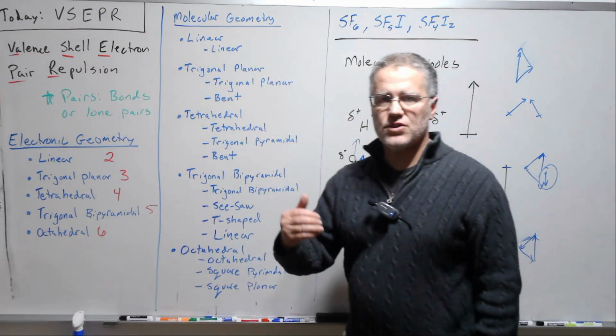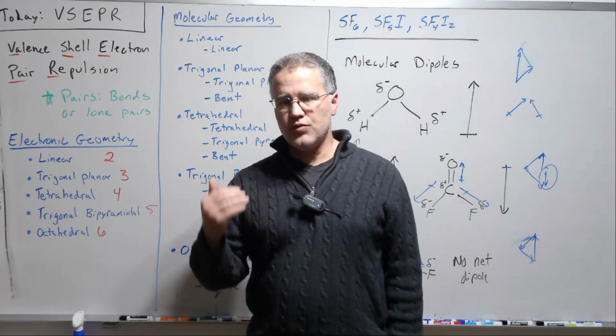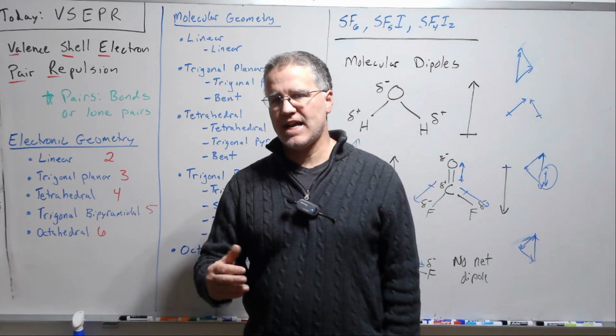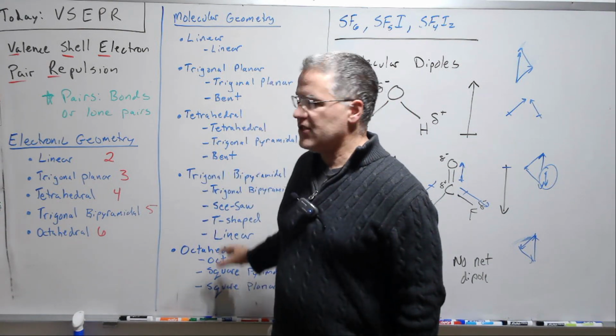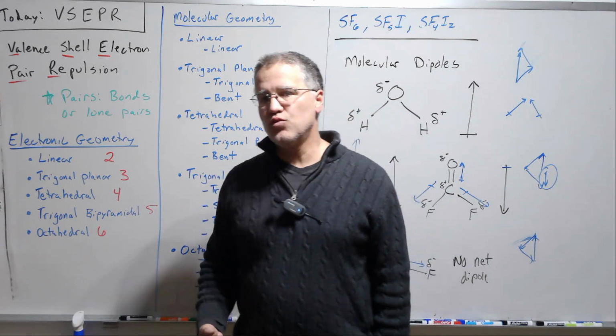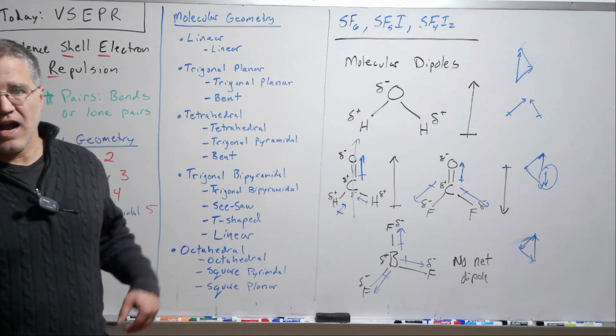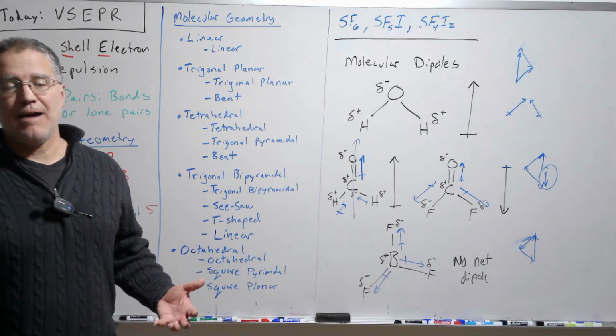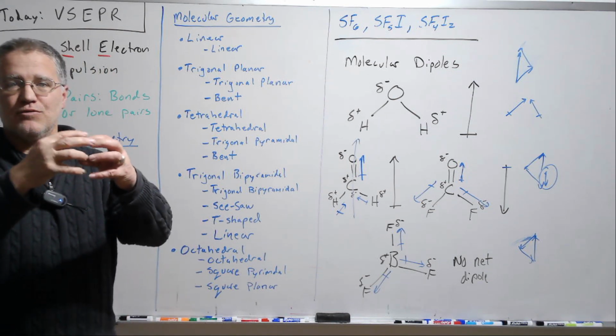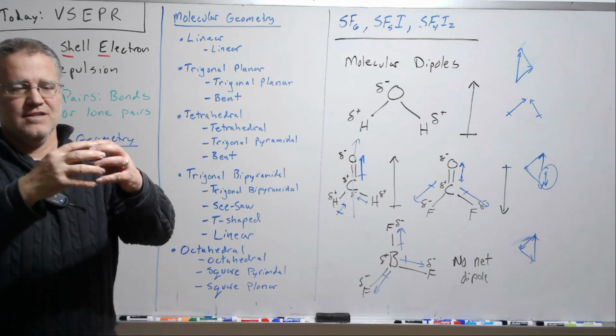All right, so now what you really want to do is practice your geometry assignments. It's really important to get this down because this is the basis for how chemical reactivity happens. Reactions take place in 3D. Chemistry is a 3D event.